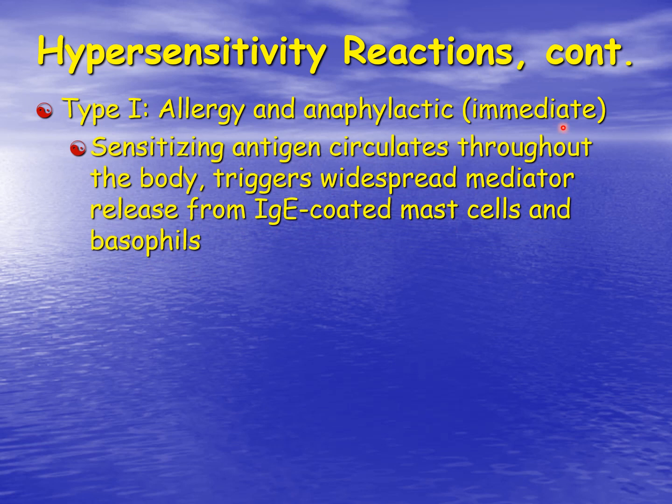The sensitizing antigen circulates throughout the body, triggers widespread mediator release from IgE-coated mast cells and basophils. So the primary cell involved in type 1 hypersensitivity reaction is the mast cell. The antibody involved is the IgE that will be embedded into the cell wall of the mast cells and potentially the basophils.